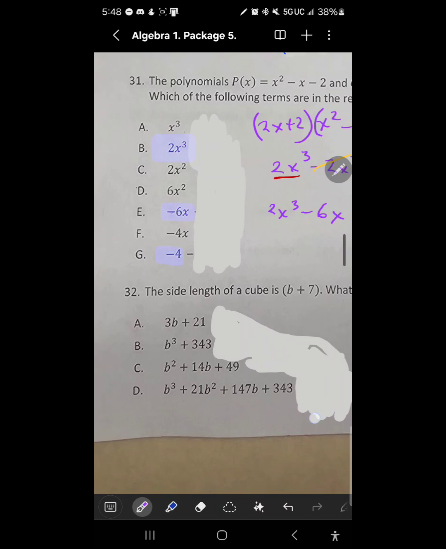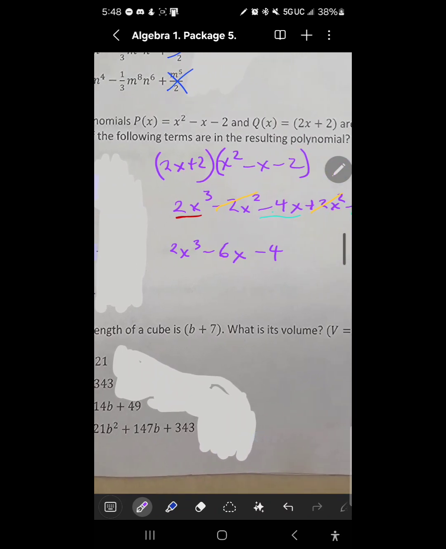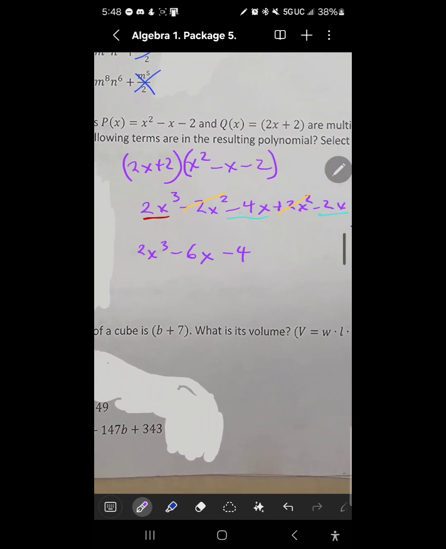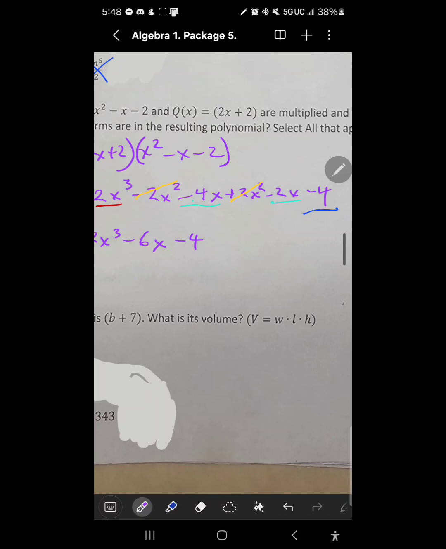Now this is 32. The side length of a cube is b plus 7 squared. What is the volume? Now, remember, a cube. I don't know if I can write this though.